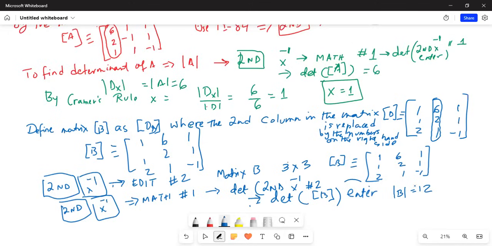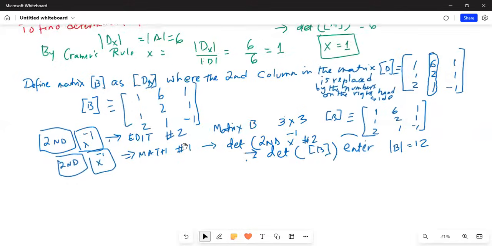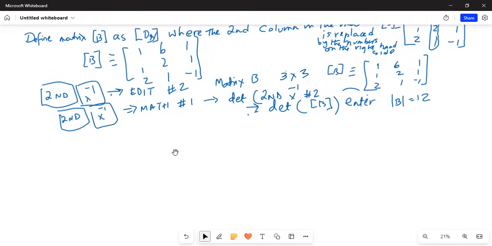In Cramer's rule, this will be dy, because matrix B is the same as D matrix dy. What is y? The second column has been replaced.